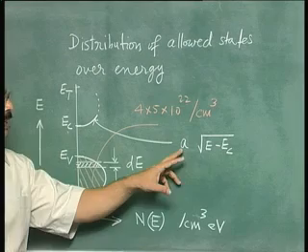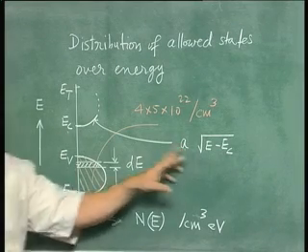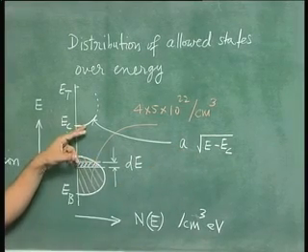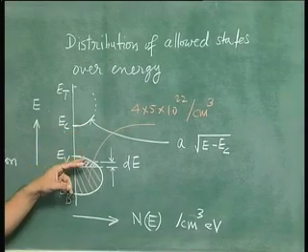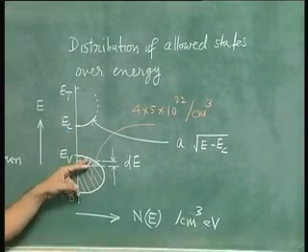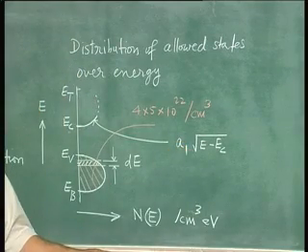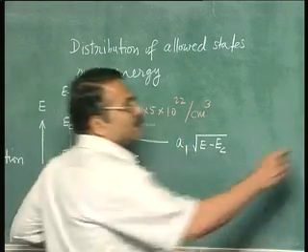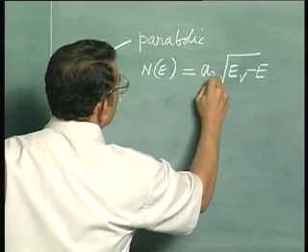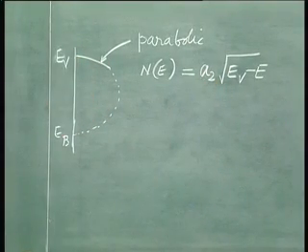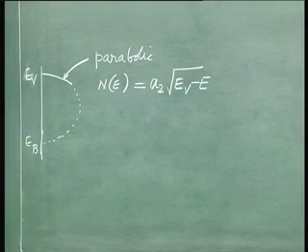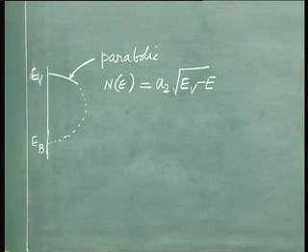It turns out that the constant a is slightly different for the conduction band than the valence band. So we will use a1 to represent the constant for the conduction band, and a2 to represent the constant associated with the valence band.